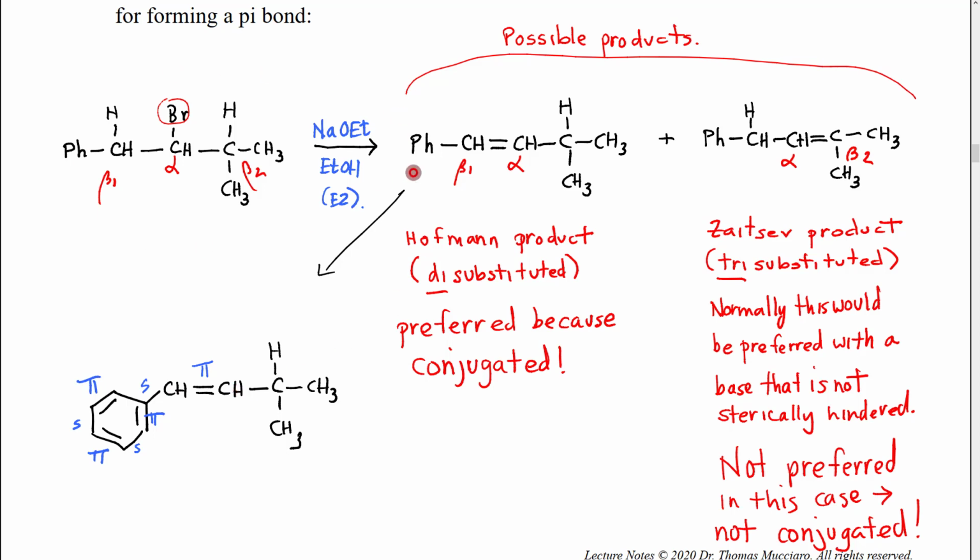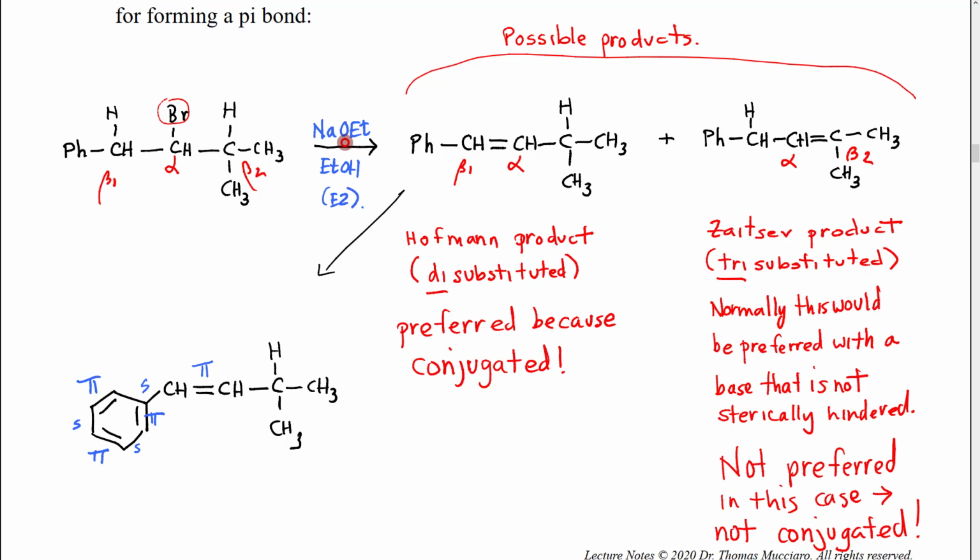So if we do E2 elimination on this reaction, and we just work through the way we always have, we locate our alpha carbon. We look at all the possible betas. So we have beta 2 on this side, beta 1 on that side. And we're using a non-sterically hindered base.